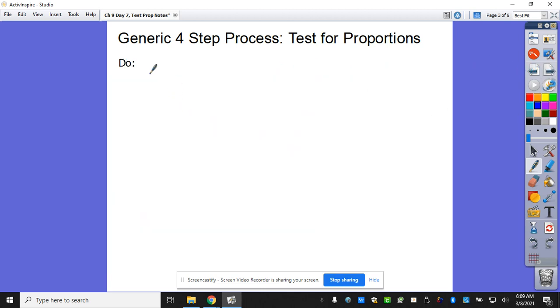All right, so do. What are things we need? We need our n, we need our p hat, we need our p naught, we need alpha, and we need if it is 1 or 2 tail. And so I always write 1 or 2 tail just so that I remember, do I multiply by 2 or not? So test statistic, our equation here, we start with the one from the sample.